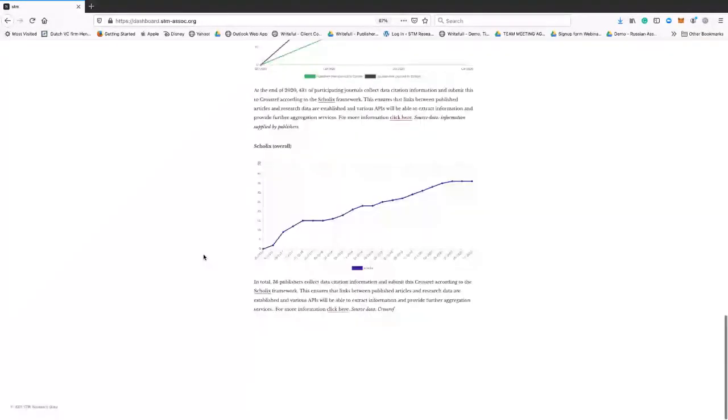Overall, about 35 publishers now submit the data to Crossref. So we're not there yet, but it's good progress. And from the side of STM, certainly there is a commitment to support publishers to make this 100% as soon as possible.